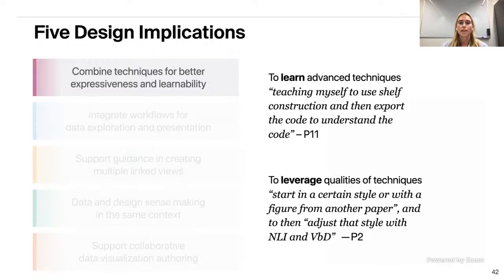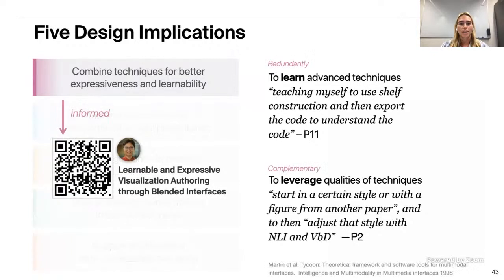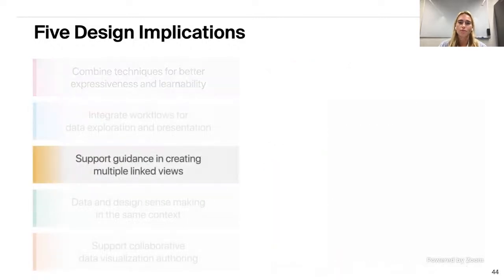So, for example, they indicated that they wanted to learn more advanced techniques, or they just wanted to leverage the best of both worlds. And I also wanted to point out that this is actually explored in a paper led by Sehi that was presented yesterday.